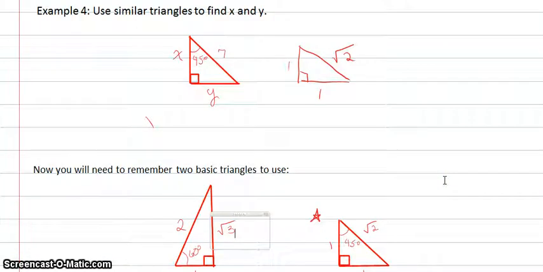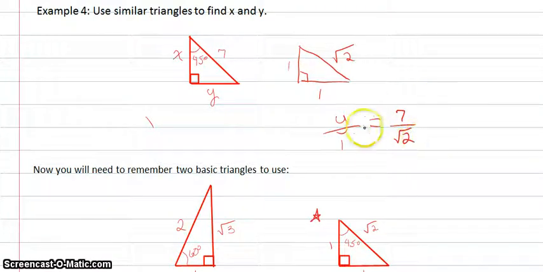In example 4, we're using this new triangle, the 45, 45, 90 degree triangle, and the sides are 1, 1, and the square root of 2. Now we're going to set up the ratios like we did before. So say if I want to solve for y, I would have y over 1 equals 7 over the square root of 2.